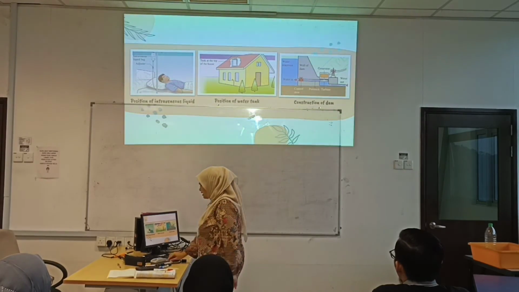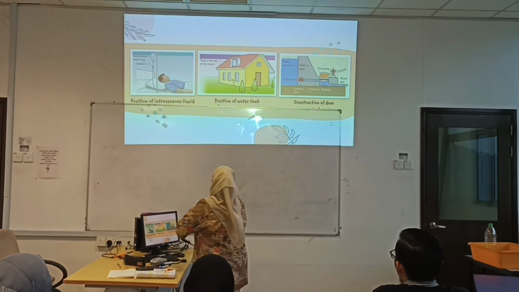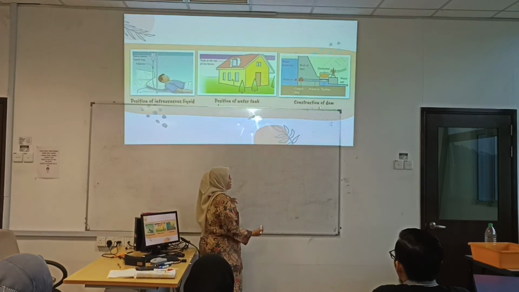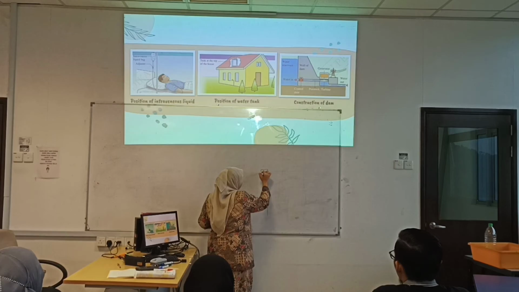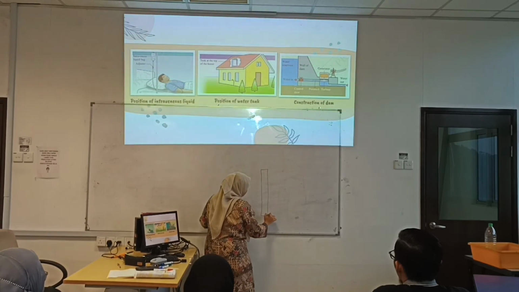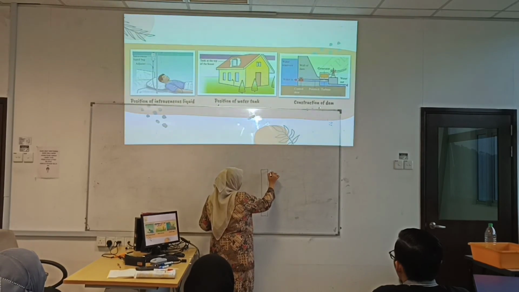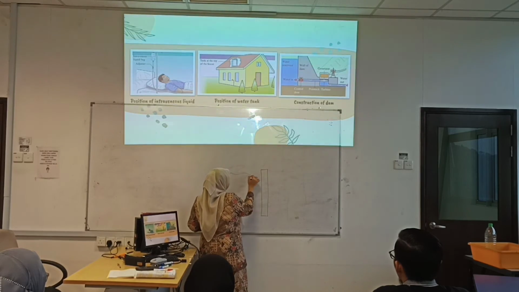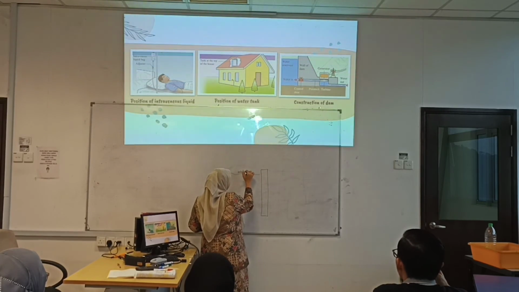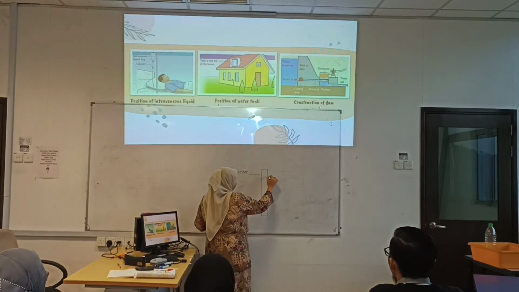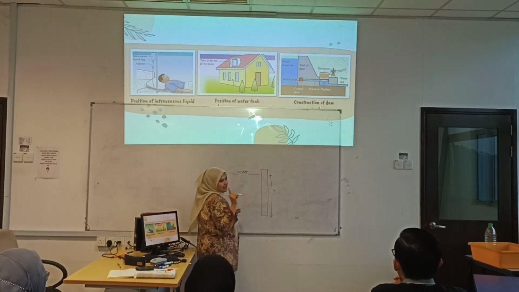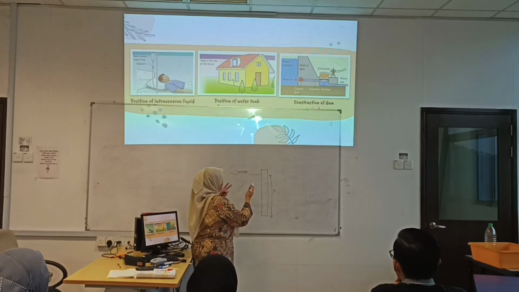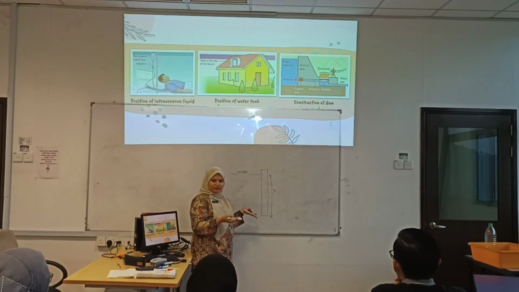Okay, let's see. If the engineer built our dam like this, with the width of the wall the same from the top to the bottom, and here is the water level, and here is the fish. If the engineer builds the dam like this, what do you think will happen to the dam?